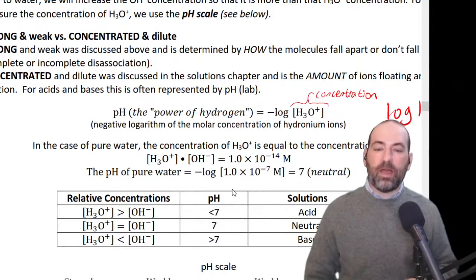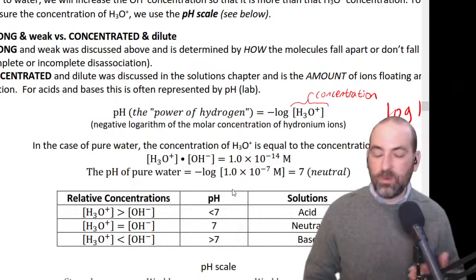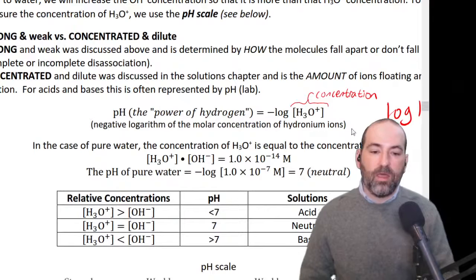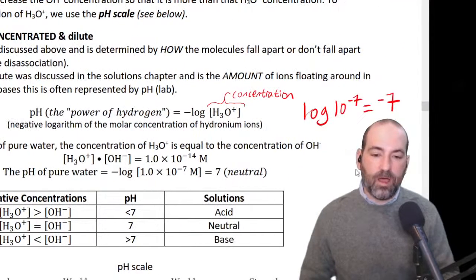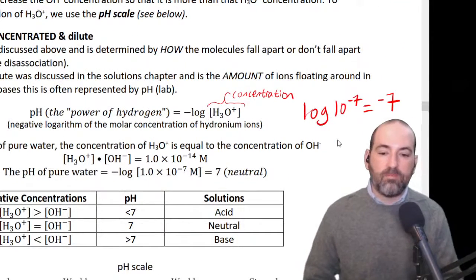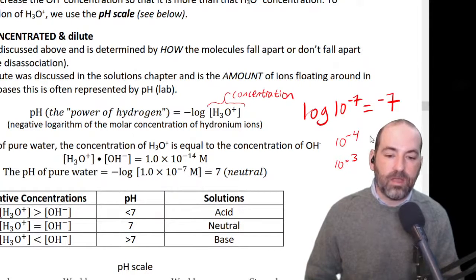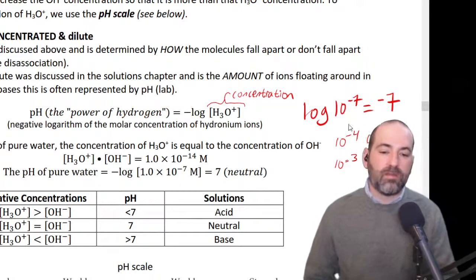As the hydronium ion concentration increases, so if you add acid to water, you increase the hydronium ion concentration, you're getting bigger and bigger numbers. So instead of 10 to the minus 7th, maybe you've got 10 to the minus 4 or 10 to the minus 3. Those are bigger numbers than 10 to the minus 7.